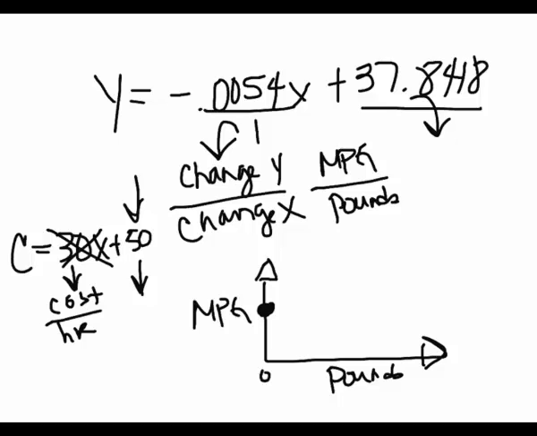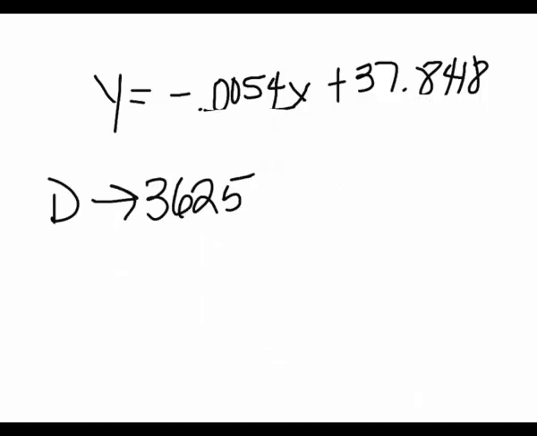Okay, and so the next thing I want to show you is actually what the equation is used for. It's used for predictions. Let's say I wanted to look at car D. Now, car D, I know for sure weighs 3,625 pounds, okay? So let's substitute this into the formula and tell me how many miles per gallon I'm supposed to be getting.